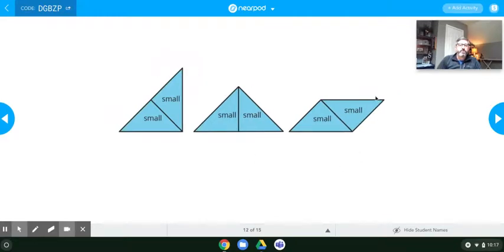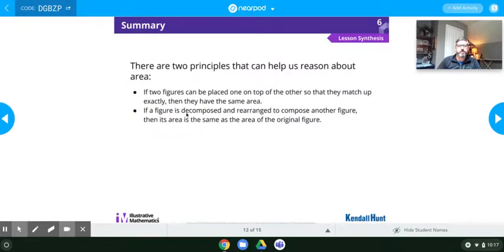So this slide was just going to show you, after you drew your own shapes out of those triangles, some of the options that you could have come up with. So you can see we're still dealing with the same 2 small triangles, but we can make 3 different new shapes out of them.